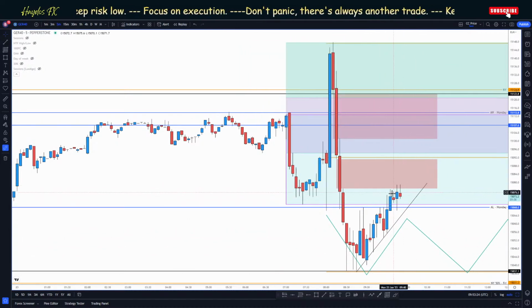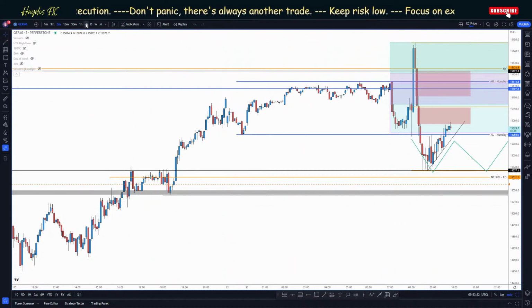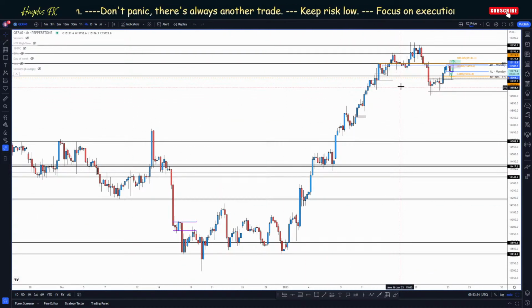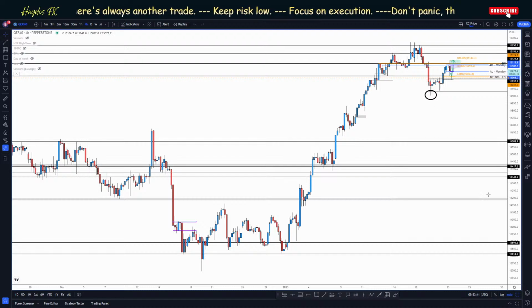Yeah, I mean, and the higher time frame's massively bullish. Oh yeah, definitely. Well, this is a shifted structure. This here. So we're not that bullish anymore. This is what we started doing.